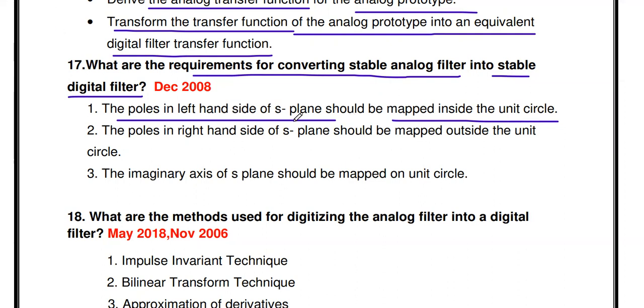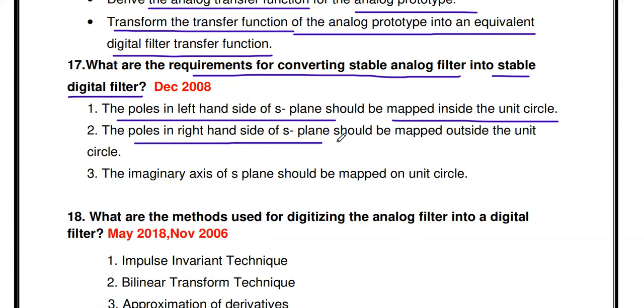If it is an analog filter and the poles are located in the left half of the S-plane, that is a stable filter. In the Z-plane, in a digital filter, if all poles are located inside the unit circle, we call it a stable filter. So the left half of the S-plane poles are mapped inside the unit circle.